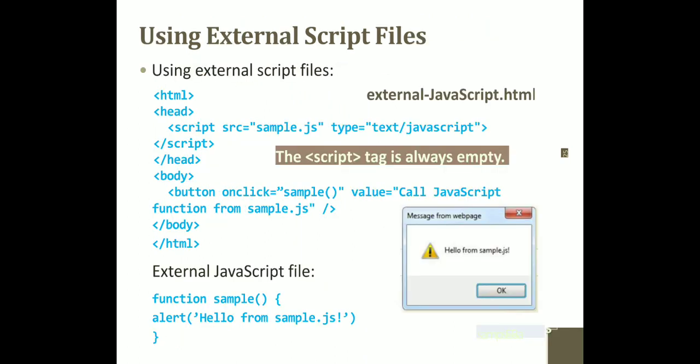Then using external script files. As you begin to work more extensively with JavaScript, you will likely find that there are cases where you are reusing identical JavaScript code on multiple pages of a site.